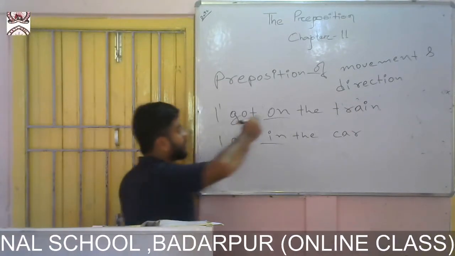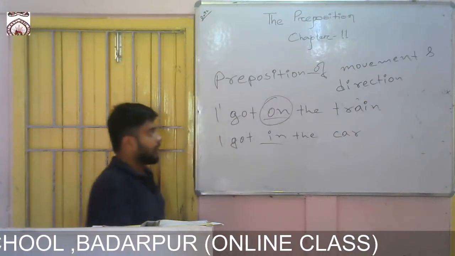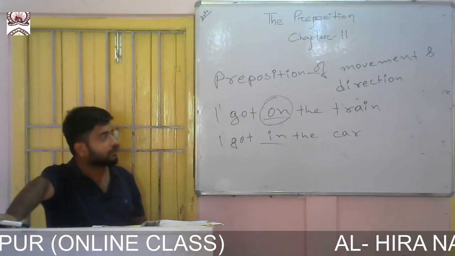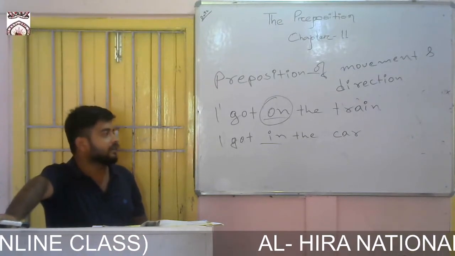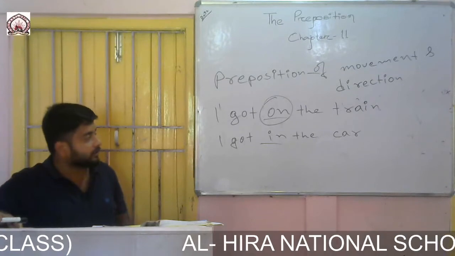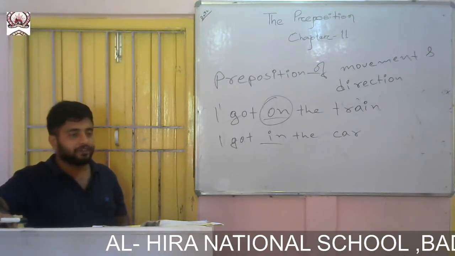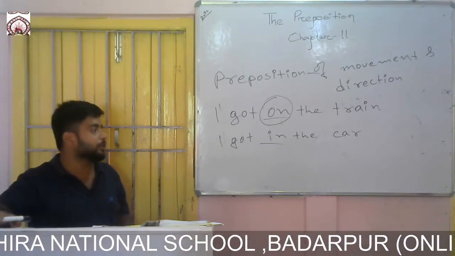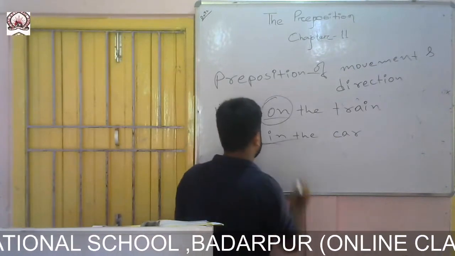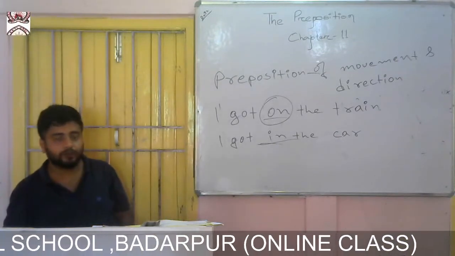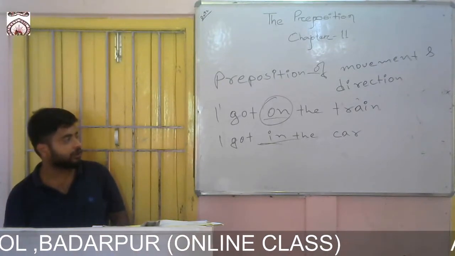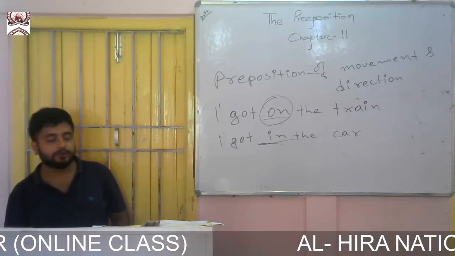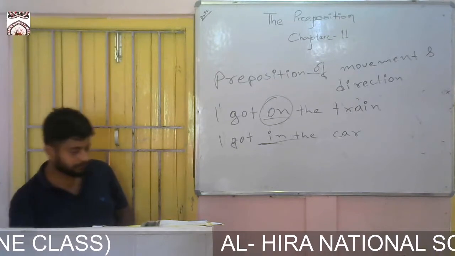We have to use on. Remember this. I got on the train, I got on the truck. Any small vehicle like a car, which preposition do you have to use? You have to use in. For a small vehicle, use in. And for a big vehicle, use on.